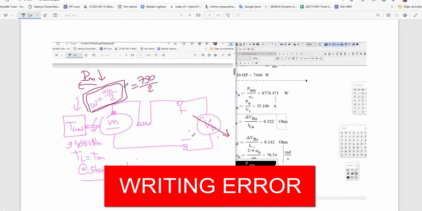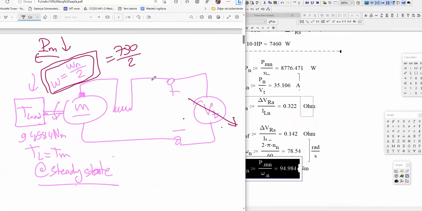Oops, I made a mistake here. Here is angular speed in terms of radians per second, but I have written RPM speed here, so take care, they are not equal. And in the question, it is asked what would be the new terminal voltage to manage such a speed adjustment.